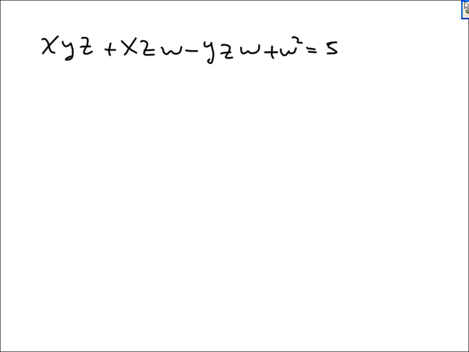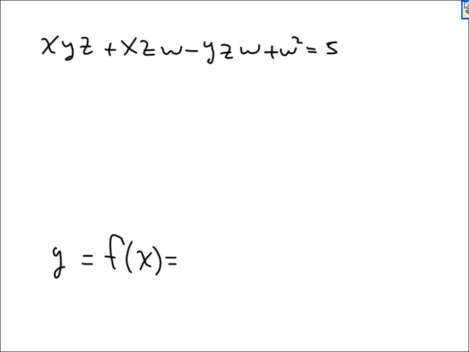Okay, so they want us to find the first partial derivatives of this: xyz plus xzw minus yzw plus w squared is equal to 5. Now, if you have a function of x, they say call that y.